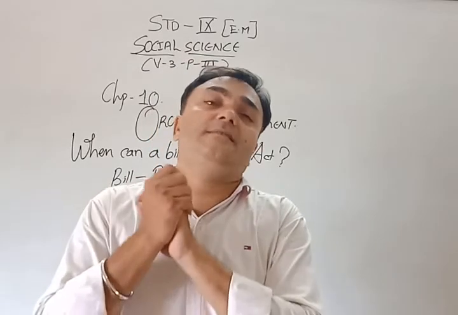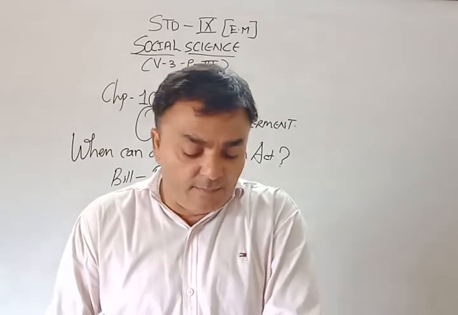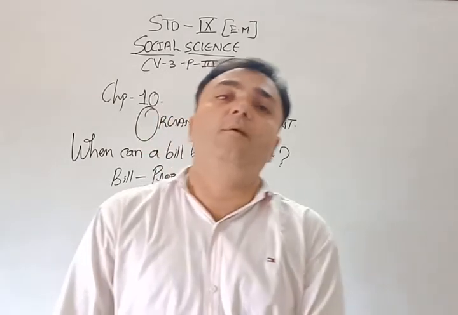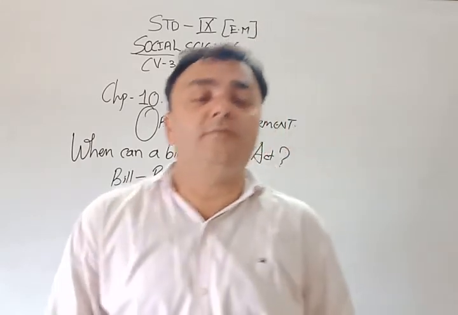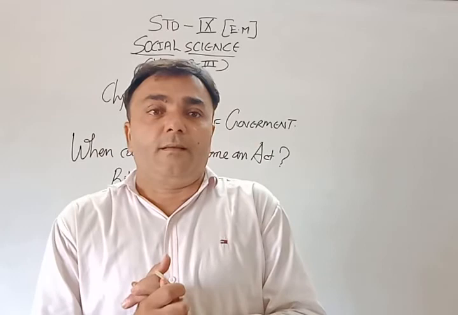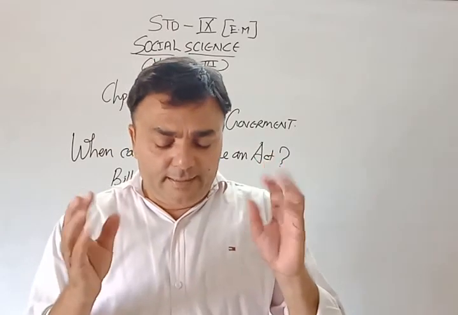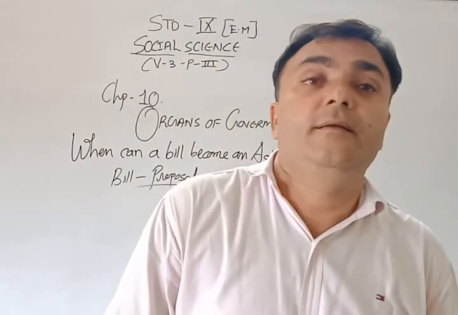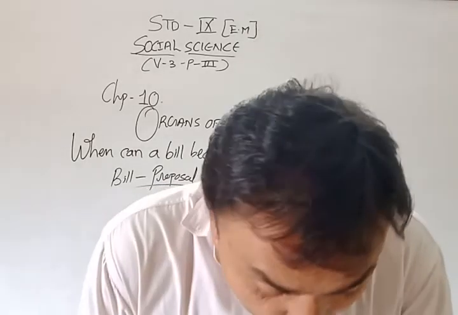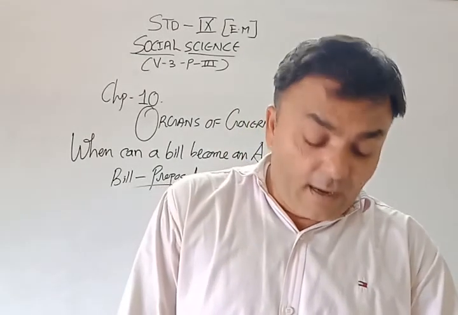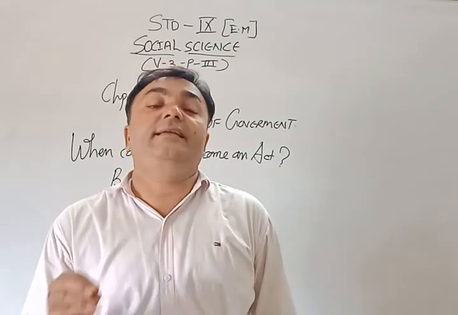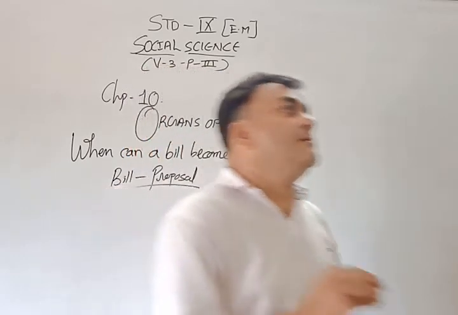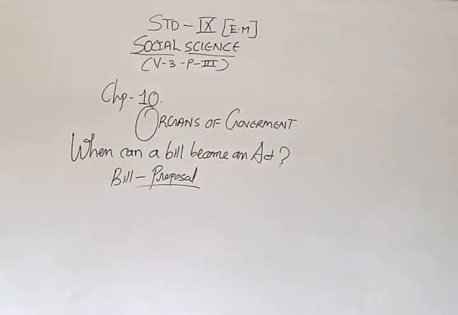Then the bill becomes an act if it is passed by a majority of the members of both houses. The members of both houses must vote on the bill, then and only then the bill becomes a law.